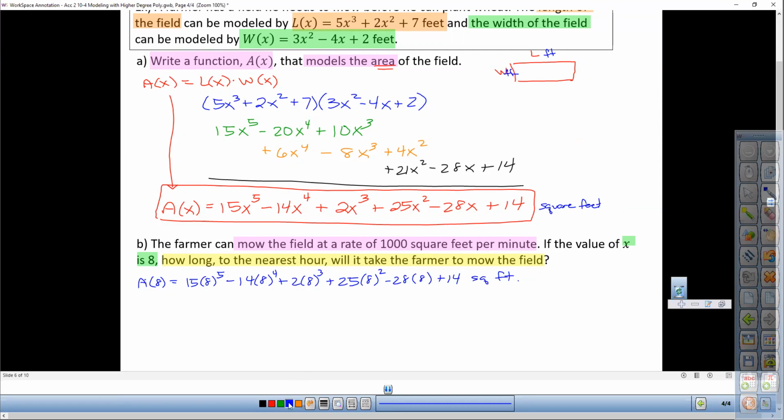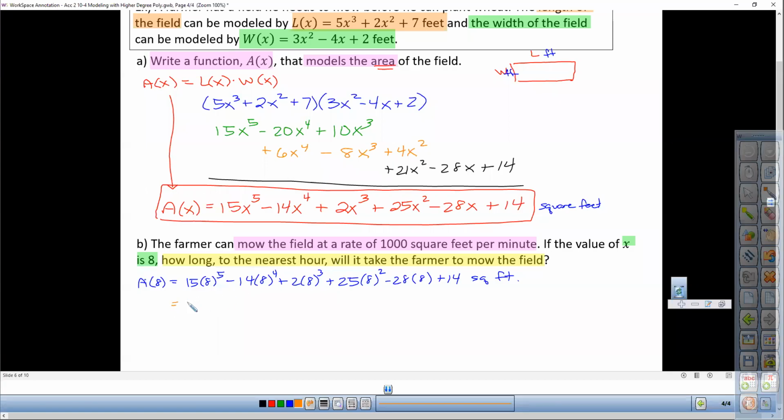All right, so that's where we start. I'm going to do that math first with my calculator. So this turns out to be 436,590 square feet.